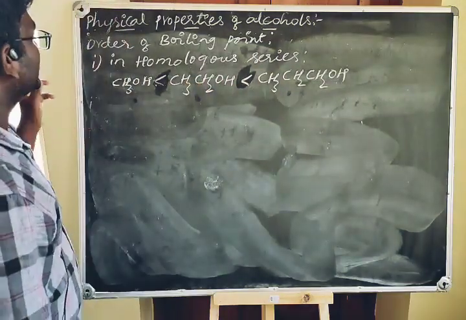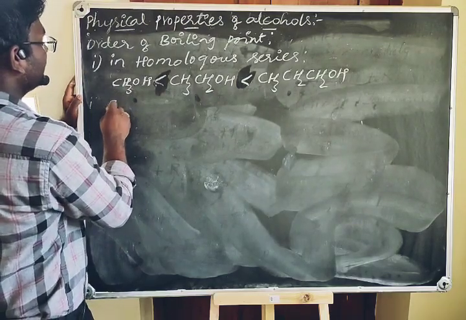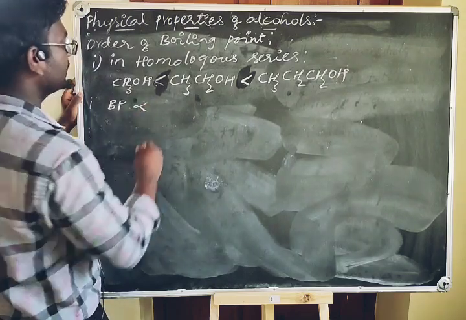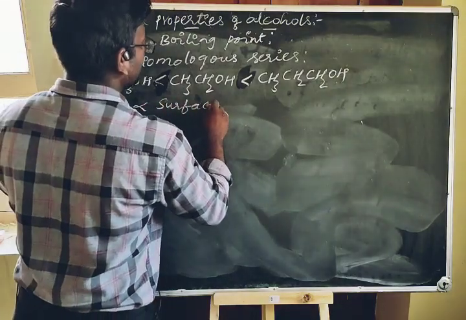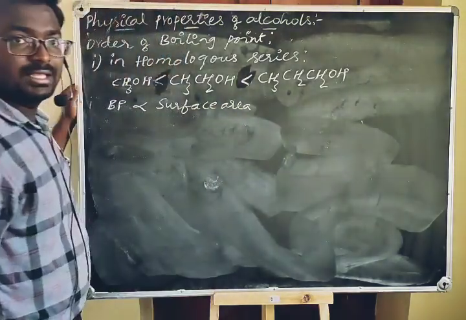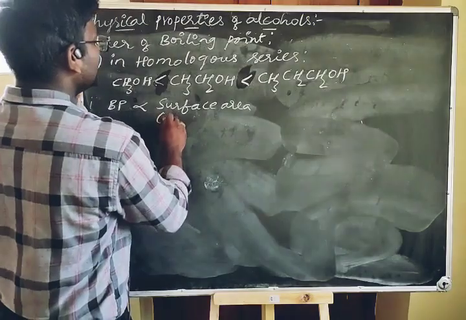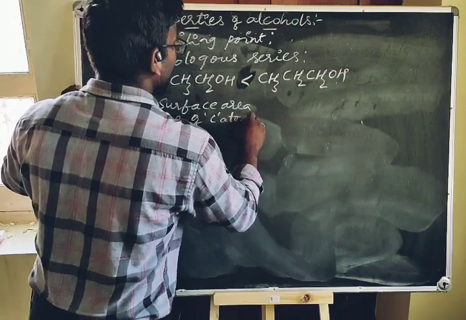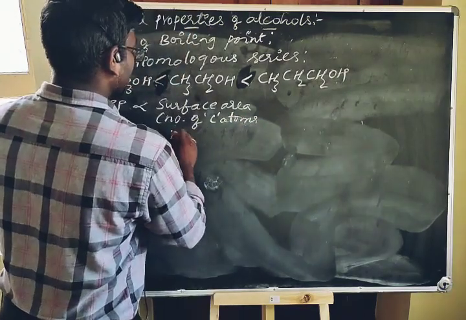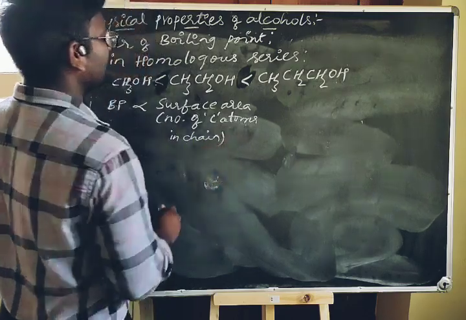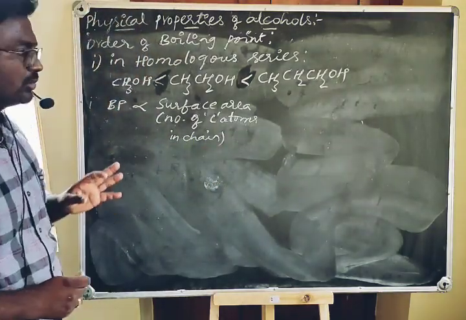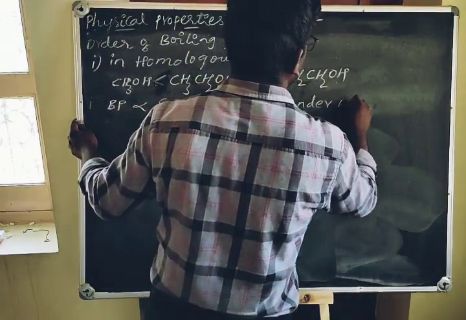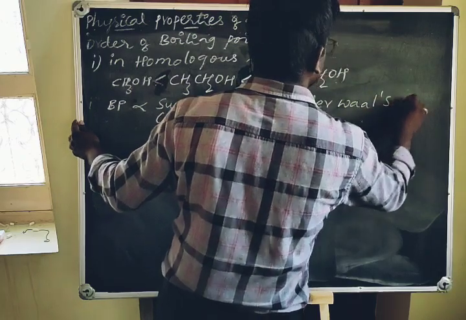So I can say that the BP of these alcohols is directly proportional to the surface area of the molecule, and this is nothing but the number of carbon atoms in the chain. As the number of carbon atoms in the chain increases, BP increases, and it results in greater van der Waals forces of attraction.